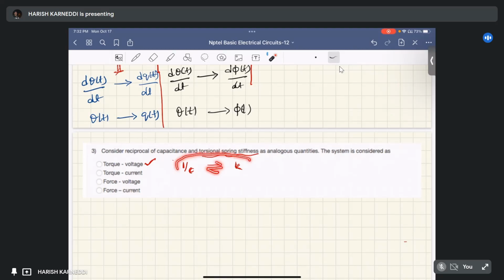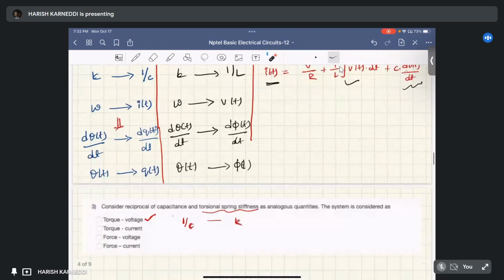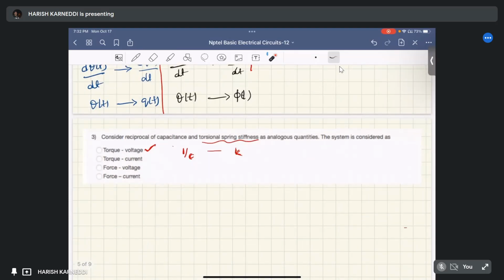So we already have that rotational equation, and we are comparing these equations here. The spring coefficient K is analogous to 1 by C, that is the reciprocal of the capacitance. So it is the torque voltage analogy, and option A is the correct one.